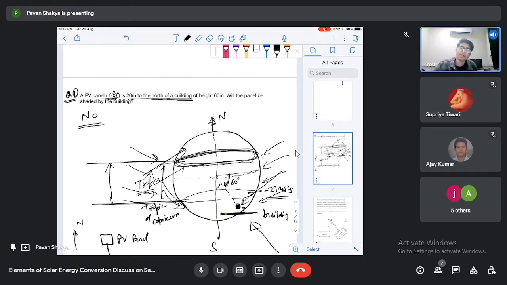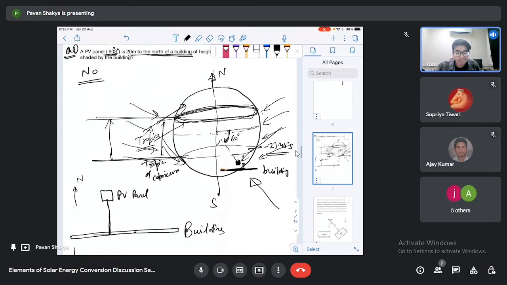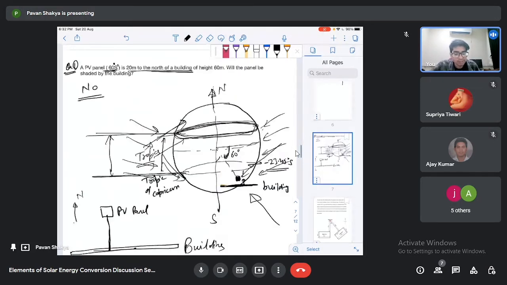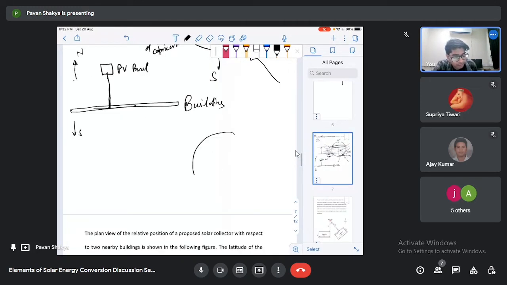You can think similarly for the opposite. If I take a PV panel in the north direction and the building is in this direction, and you know this is our Tropic of Cancer, then the shade of this building will never fall on this panel.